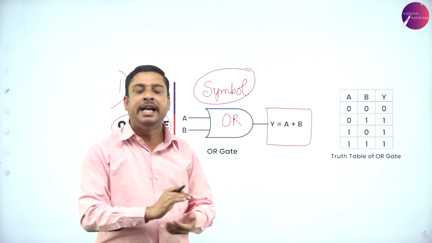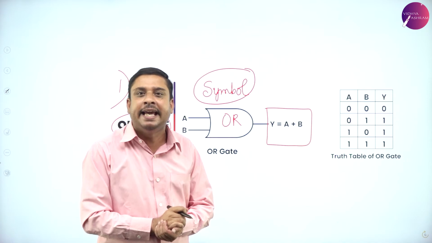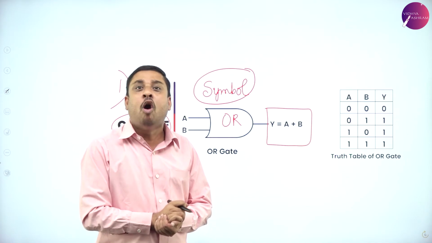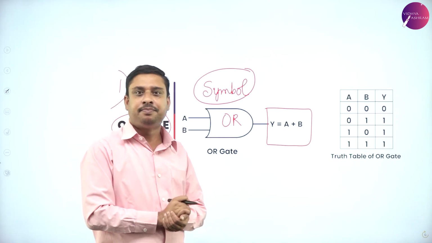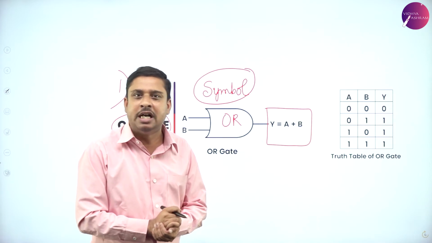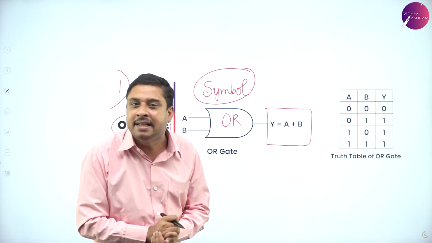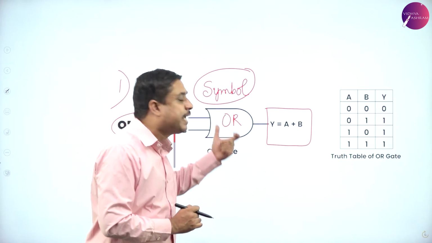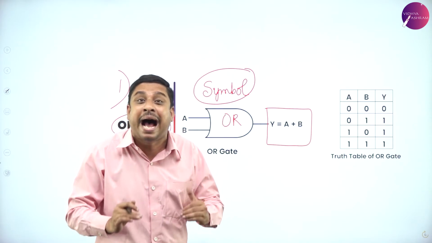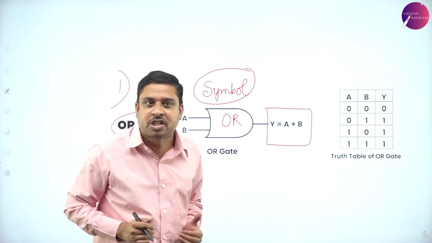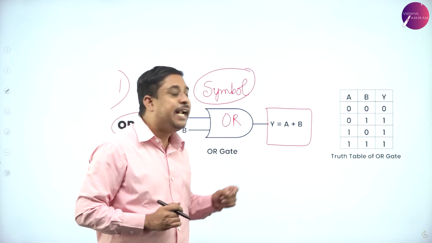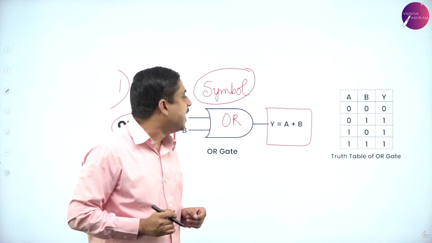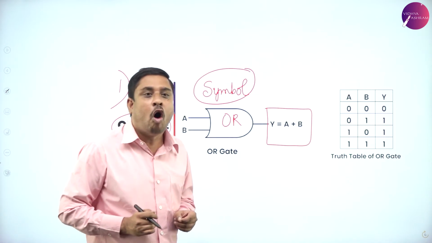You have to read it as Y equals A or B. You should not say Y equals A plus B. The plus is the mathematical operation this OR gate performs, and you read it as Y equals A or B.